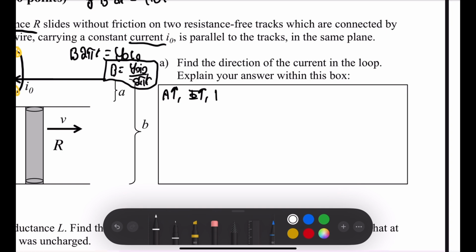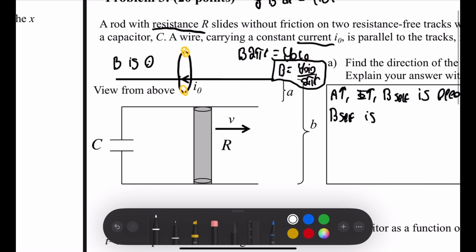And when this happens, B self is going to oppose. So B self is opposite of B. So B self is, if it's opposite, well, B we determine is out of the page.